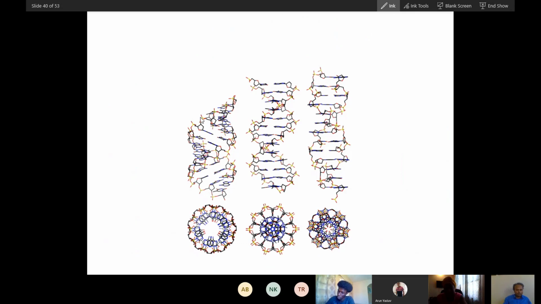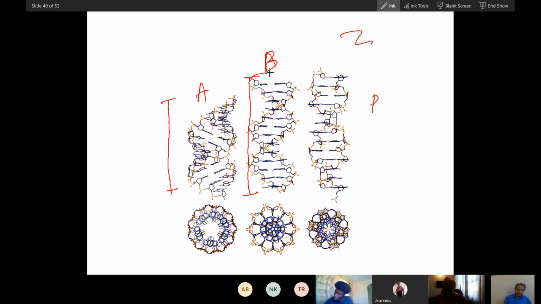Remember this in a very simple form. A is most dwarf, B is slightly elongated, and Z is most elongated and zigzag. Pyrimidine is in anti and purine in syn, so that is why this attains the zigzag form.